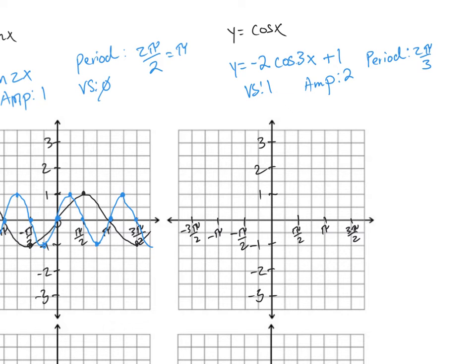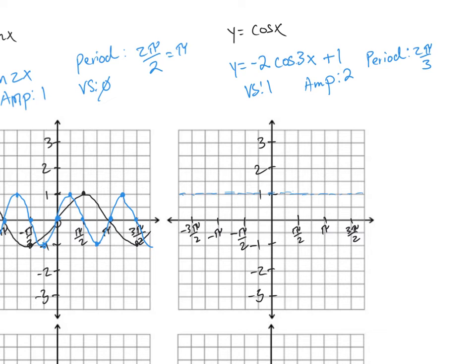You take that 2 pi and divide it by whatever is multiplying the x. Let's start off with the vertical shift. It shifts up 1. So I'm going to draw a new axis for me to work with. This is my vertical shift of 1.